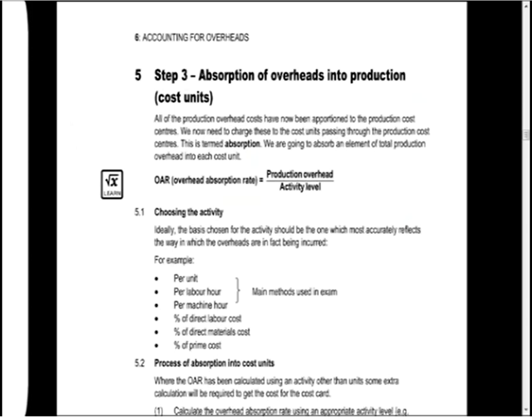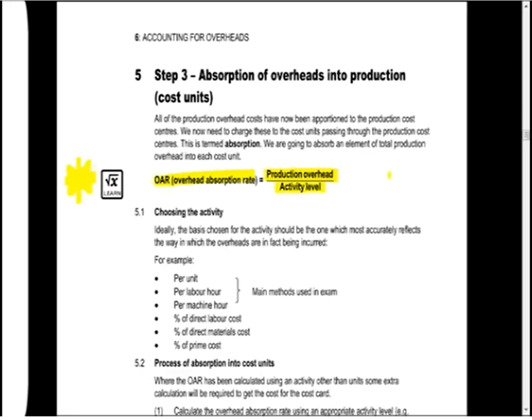The final step involves absorbing the overheads into the production. We now have a total amount of overhead in each of the production cost centres, and we're going to divide those by the activity level to give us an overhead absorption rate.